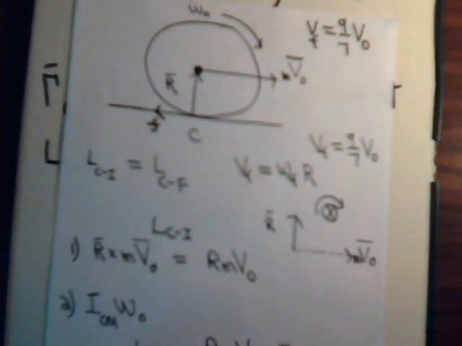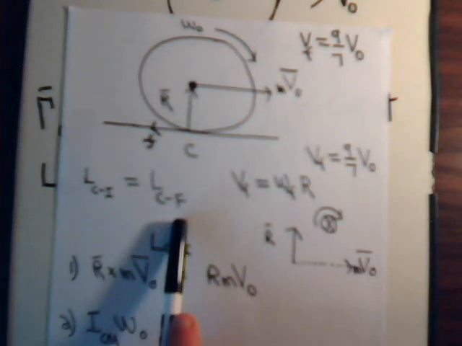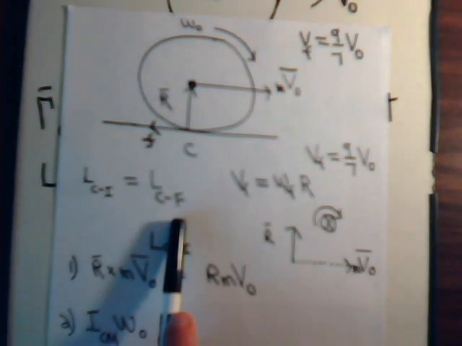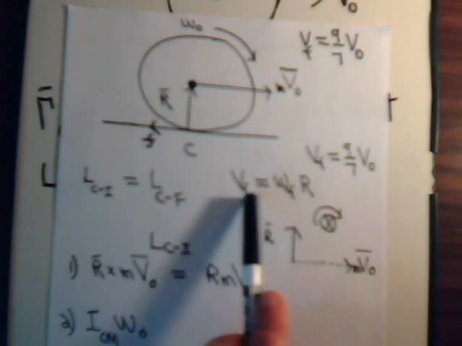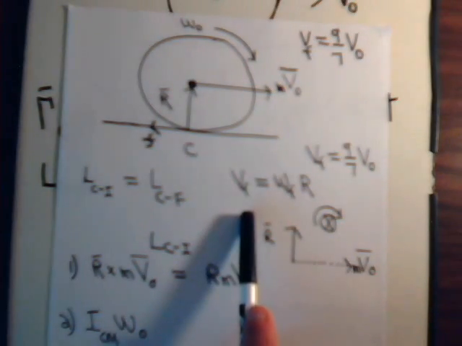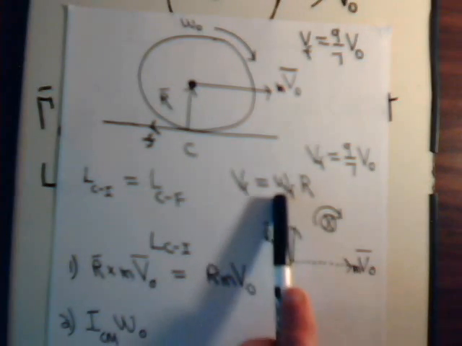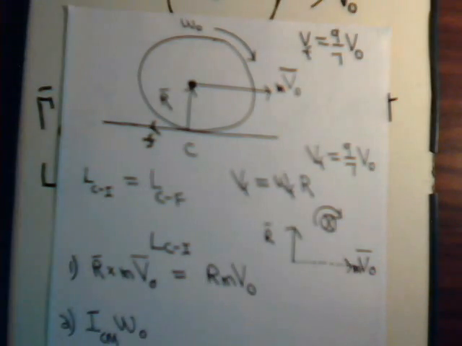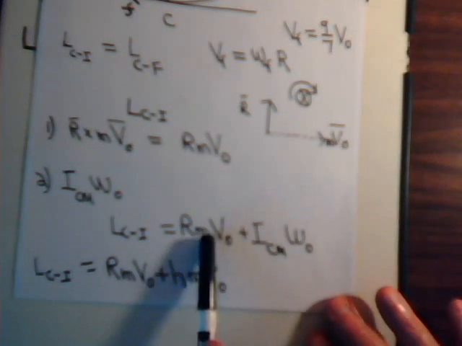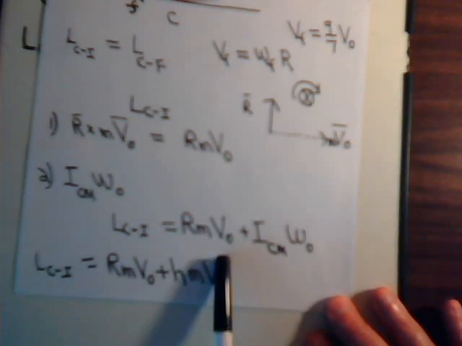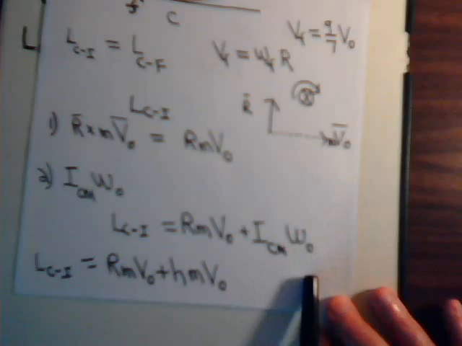Now, what will be the final angular momentum about point C when the ball goes into pure roll, when it has this velocity Vf and this angular velocity omega f? That expression is the same as this, except with V final here and omega final here.